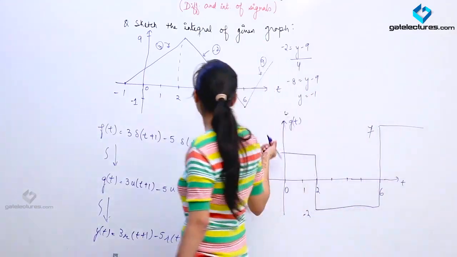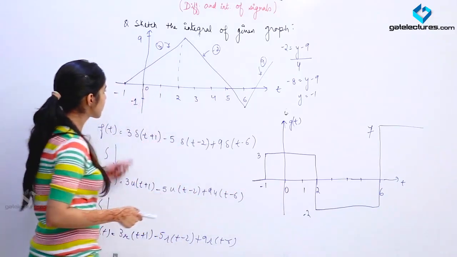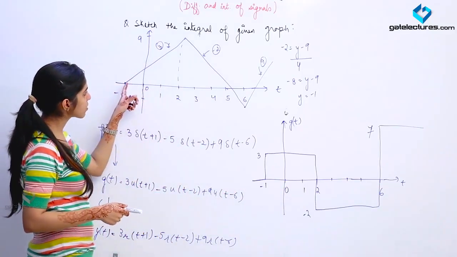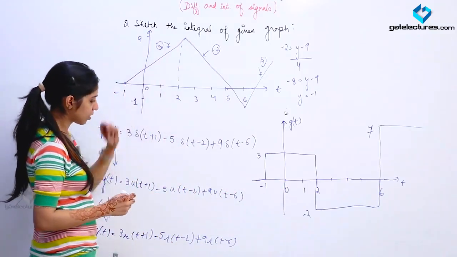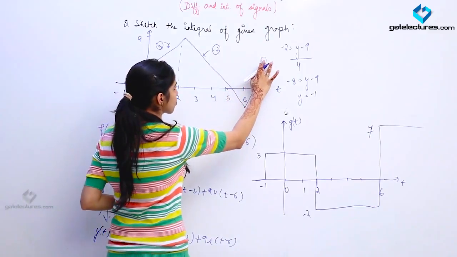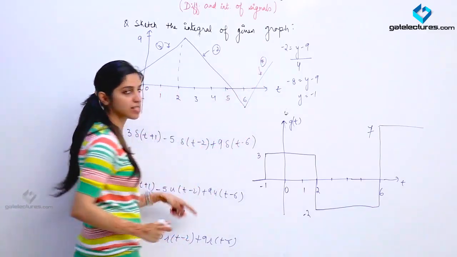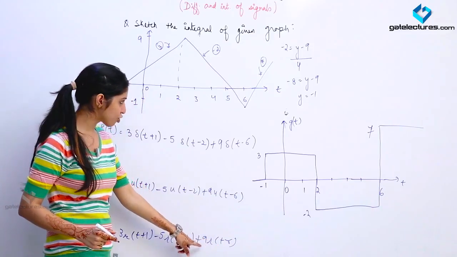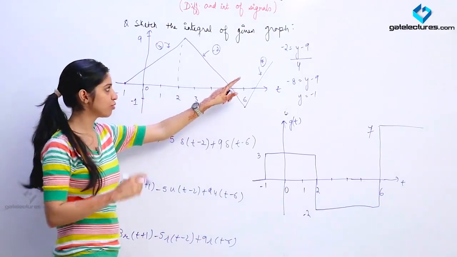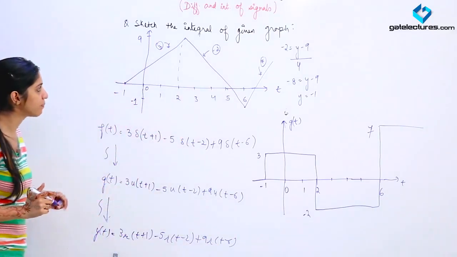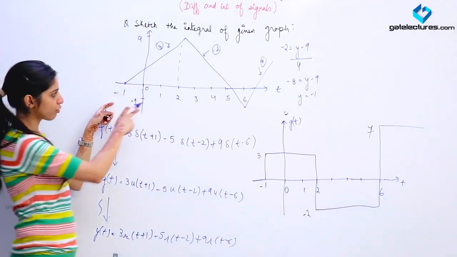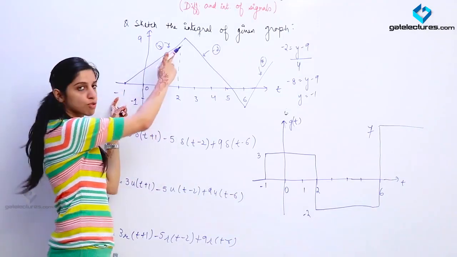Similarly, if we just differentiate these functions, see, from -1 to 2 there was a line of slope 3.